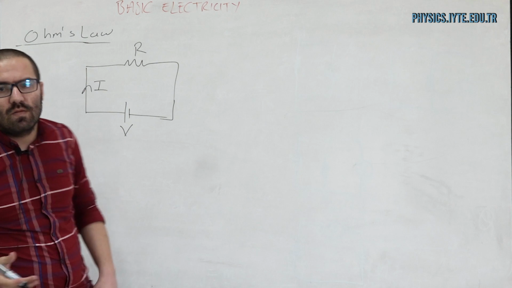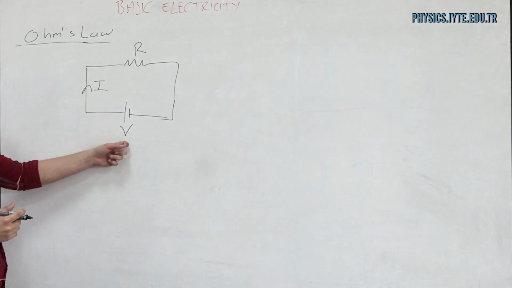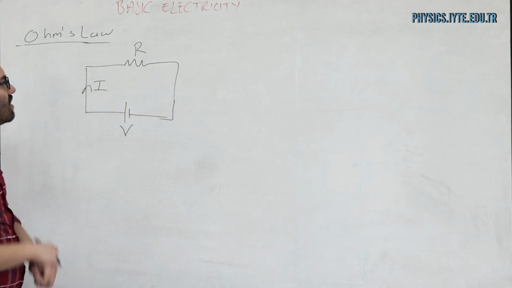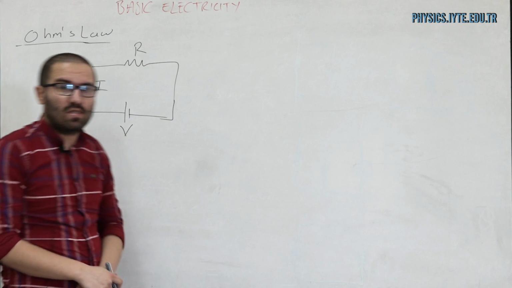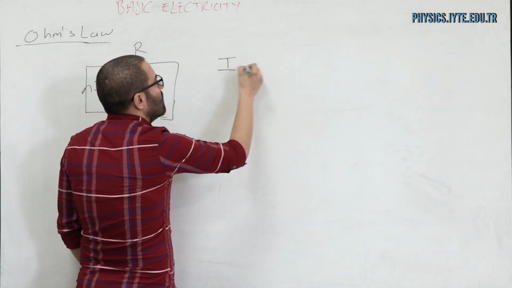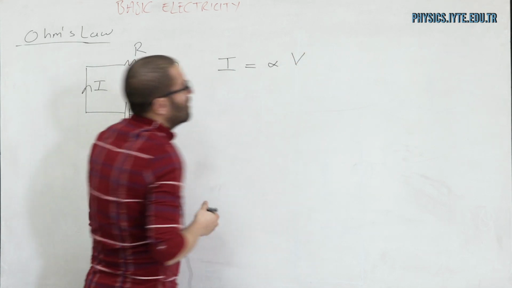Now in his experiments, Ohm realized that when he increased the potential that the power supply produces, the current that's generated is increased proportionally, meaning the current is equal to a constant times the potential.